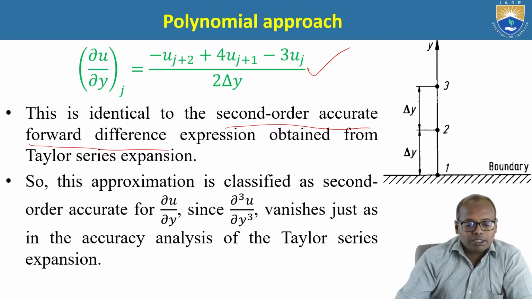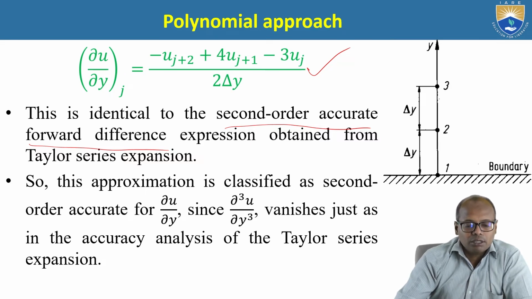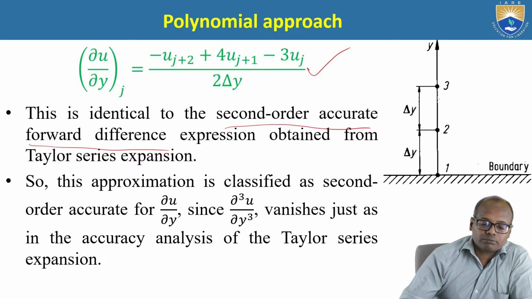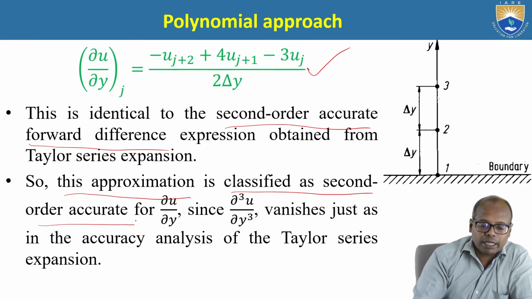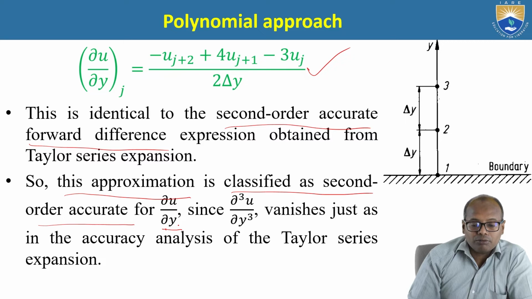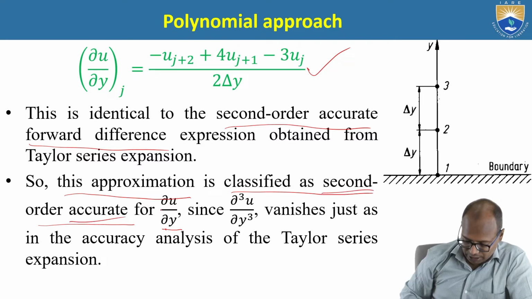We will see whether the statement is true or not in the next slide. This approximation is classified as second order accurate for dou u by dou y. And why we are calling it second order accurate, we will see now.